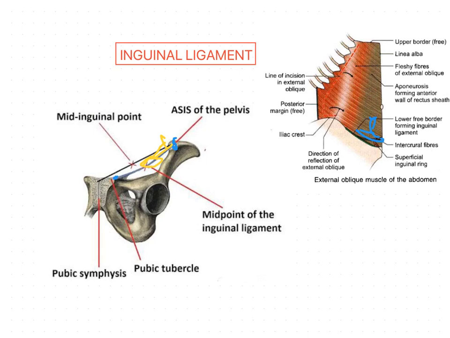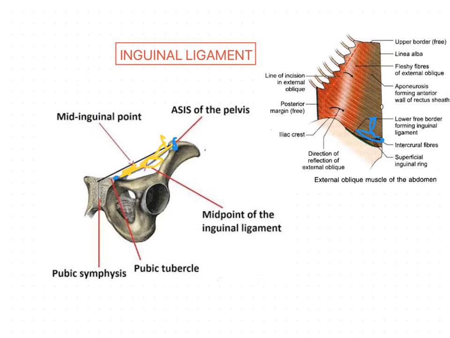Now coming to the relations of this inguinal ligament. The upper grooved surface of the medial half of the inguinal ligament forms the floor of the inguinal canal, and this lodges the spermatic cord or the round ligament of the uterus.